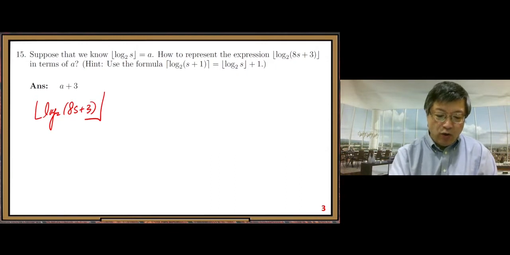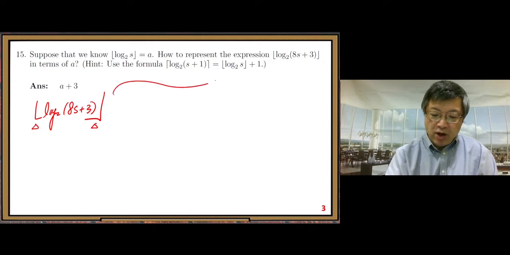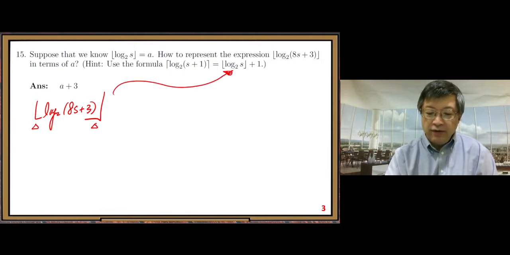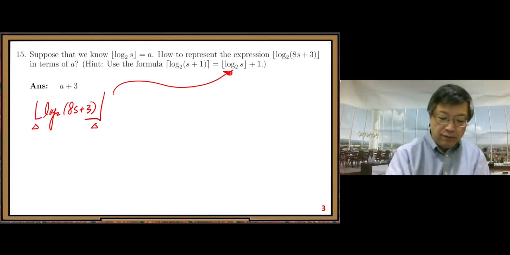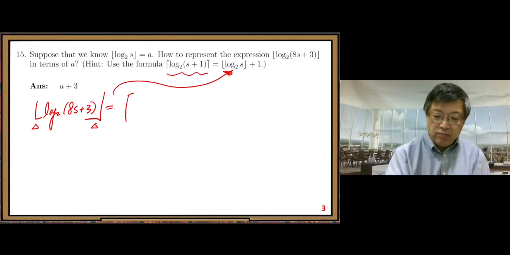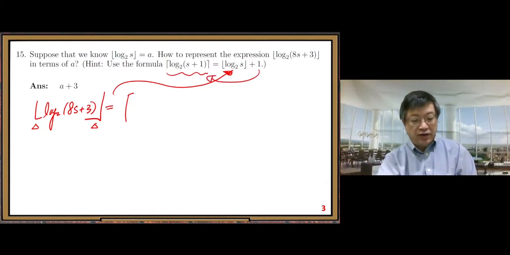here, look at the floor function. The floor function corresponds to that term. So for that term, we can now use the ceiling function. This part minus 1, we can do the subtraction.